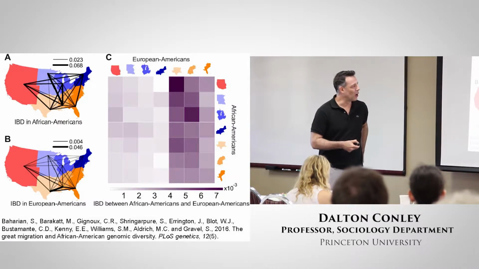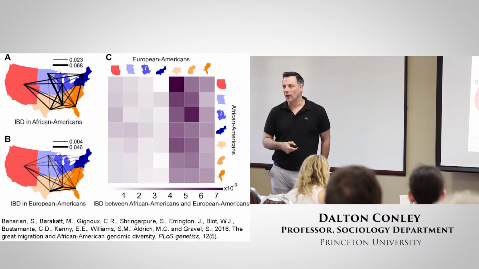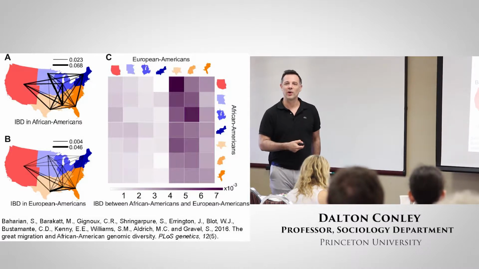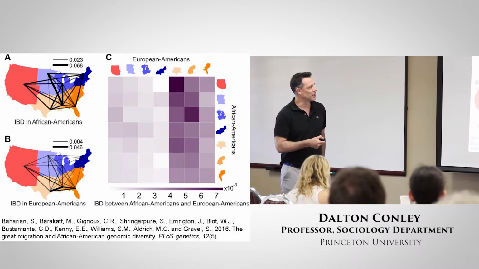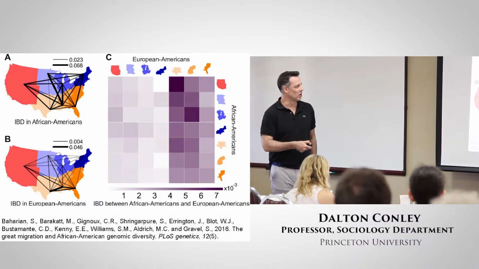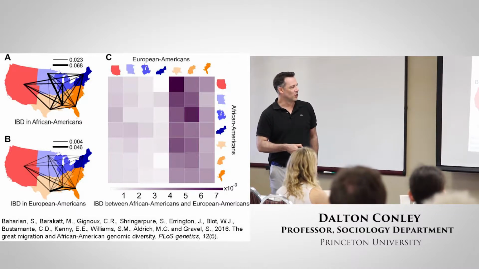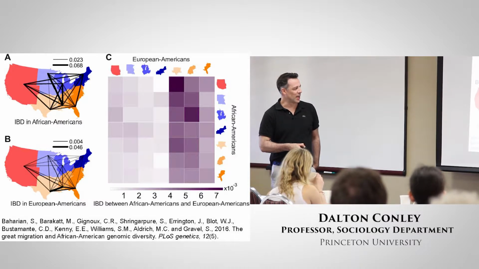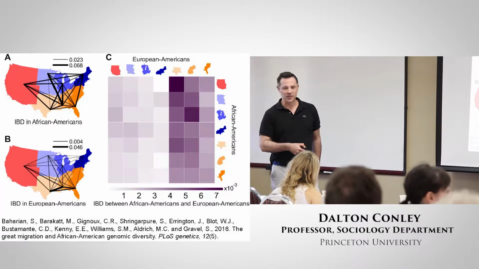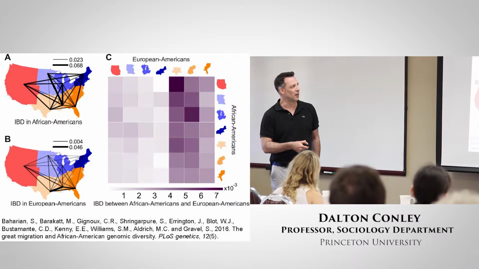And interestingly, you can see where there was interracial marriage, because this is within African Americans, this is within whites. So, for example, you see the southern whites have fewer connections to the rest of the country. They're more of a self-segregating, reproducing population.